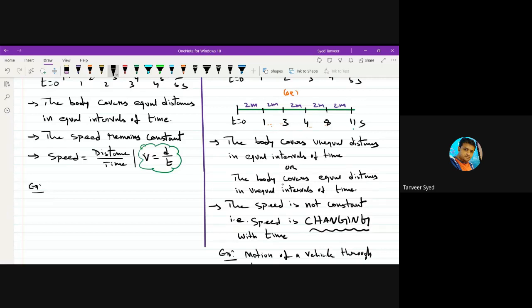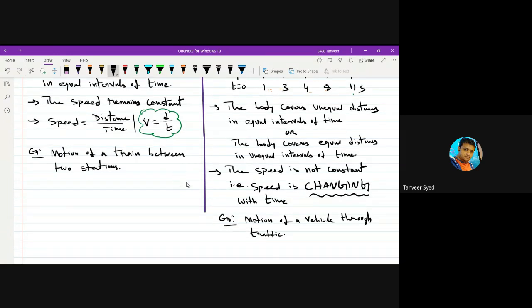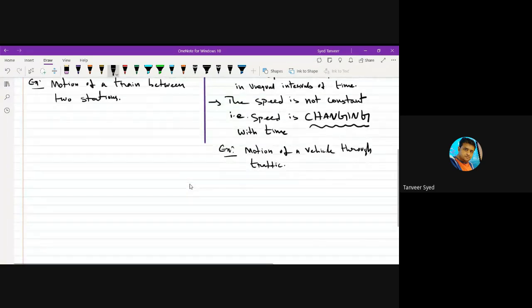Trains can maintain constant speed between two stations. So we can say motion of a train between two stations. Right. Is this thing clear? Difference between uniform and non-uniform motions.